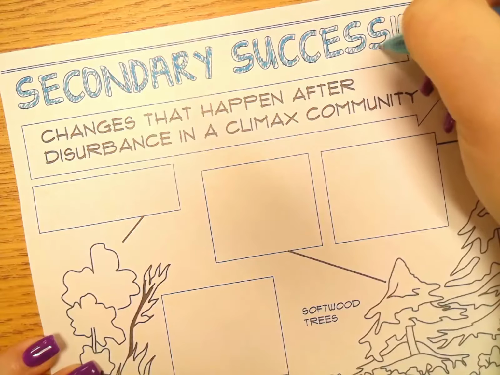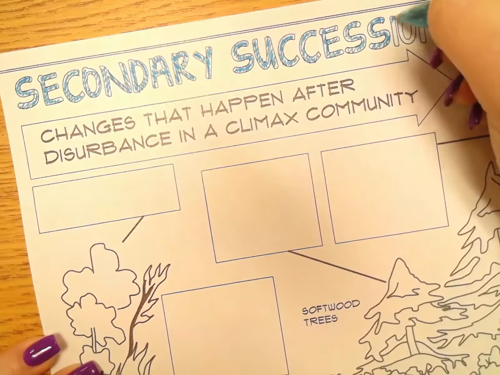And secondary succession is a bit different because, if you remember from our notes on Monday, secondary succession starts with soil, right? So we're going to add in some key ideas right here underneath. Secondary succession starts with soil, so that soil doesn't have to be created.